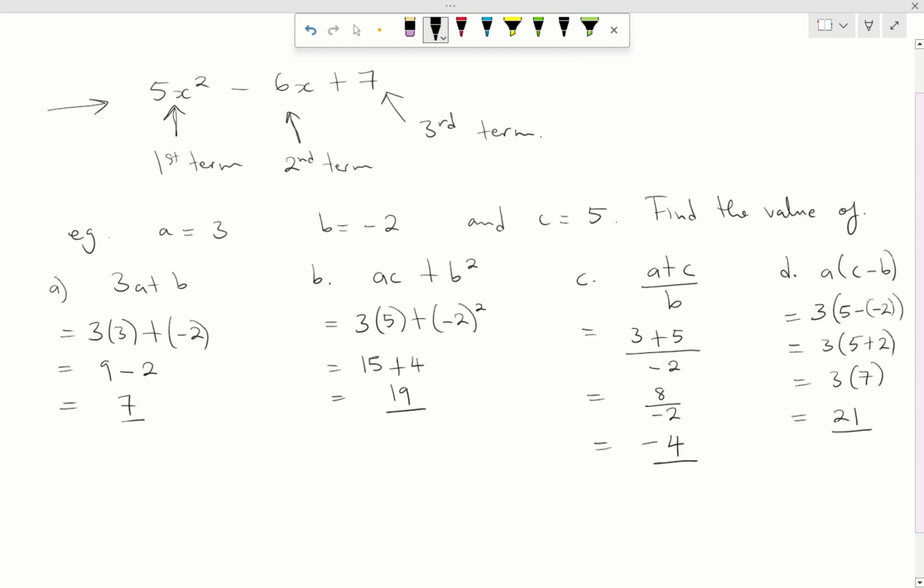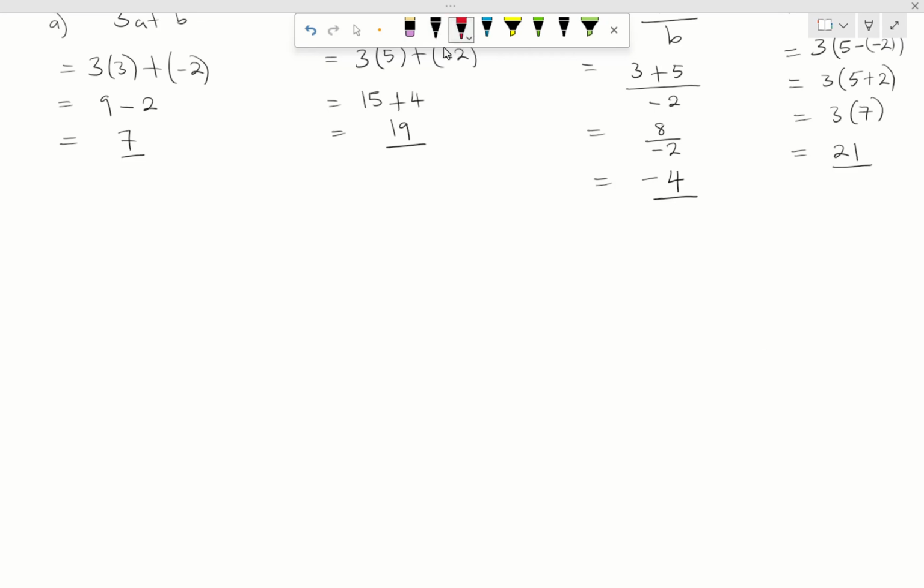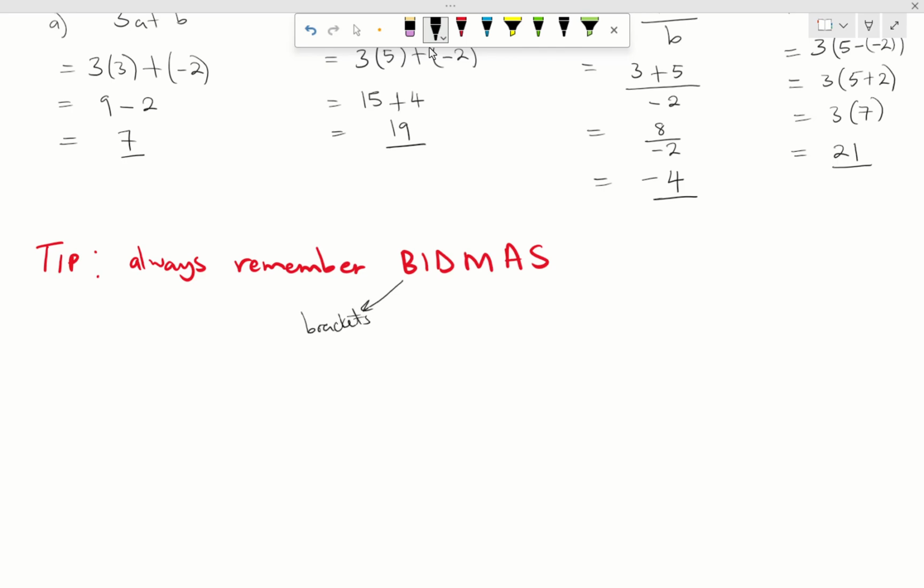All right, so let me just give you a tip. When we're substituting, always remember what we call BIDMAS. B stands for brackets, I stands for indices.